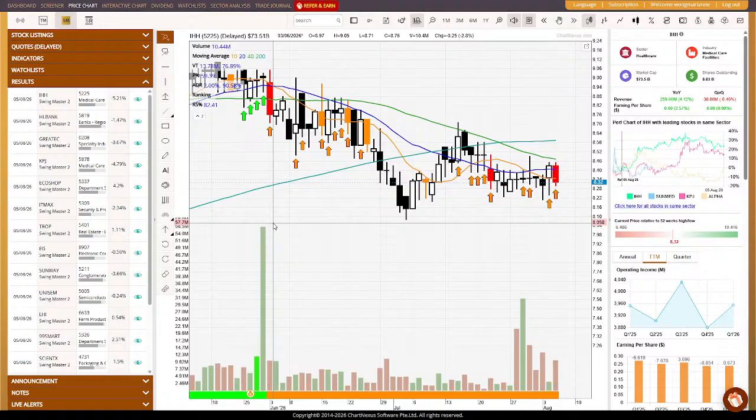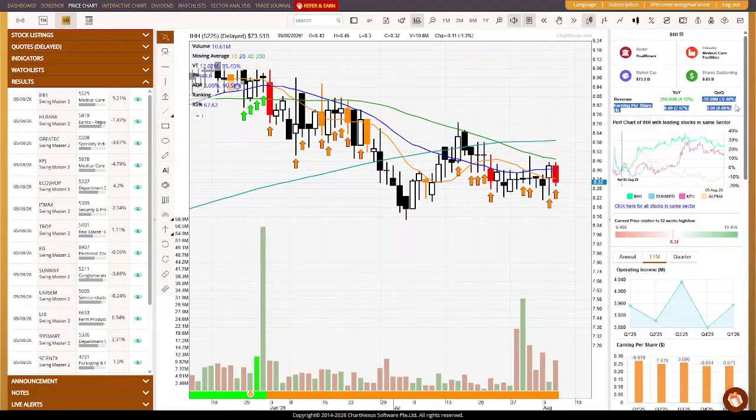Now that you understand the Swing Master concept, let me explain how we actually use it. The first thing I do after I've done my screening is check the revenue and earnings per share. Ideally, I would like the figures to all be green. Here there is one red, but I'm not so arrogant as to say, oh, got one red, I don't want.